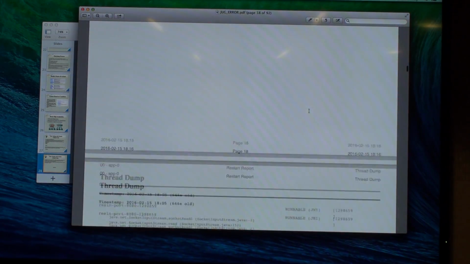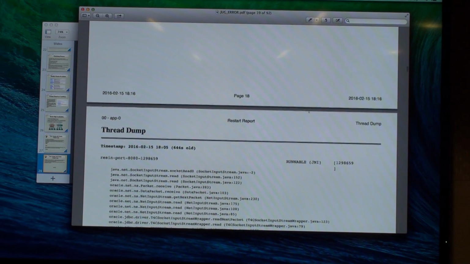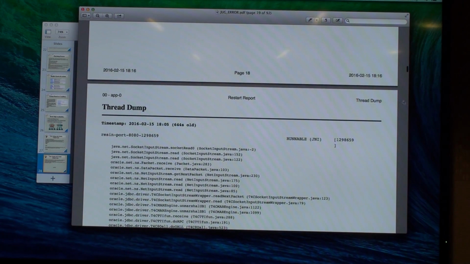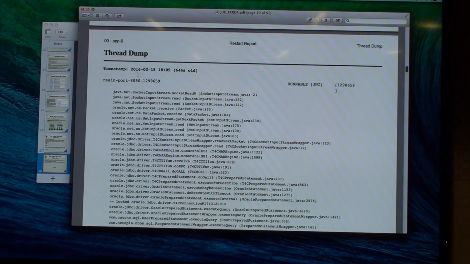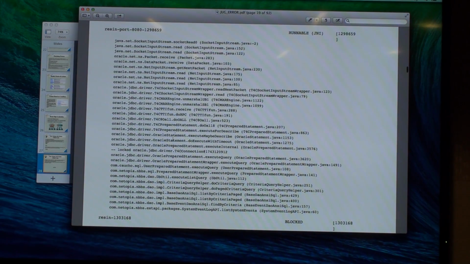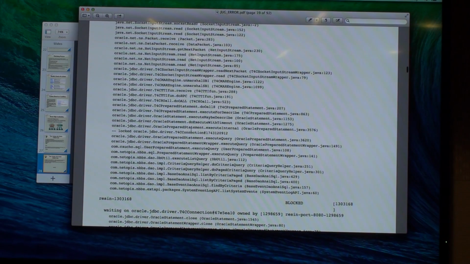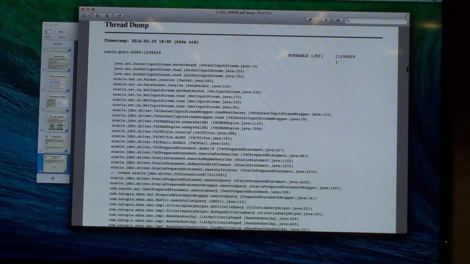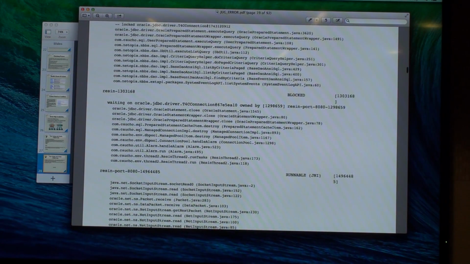So right here. The thread dumps are usually the best indicators of what was going on. And we see that they had one thread running for 8080. Looks like it was doing a JDBC driver, trying to do an update into their database.